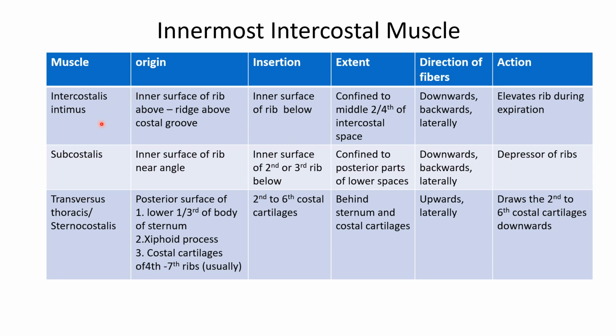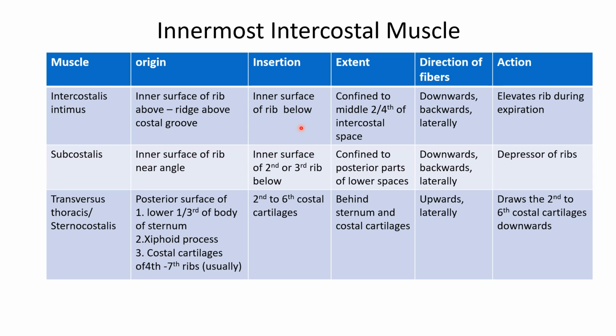The intercostalis intimus muscle originates from the ridge above the costal groove on the inner surface of the rib above, and it gets inserted onto the inner surface of the rib below.